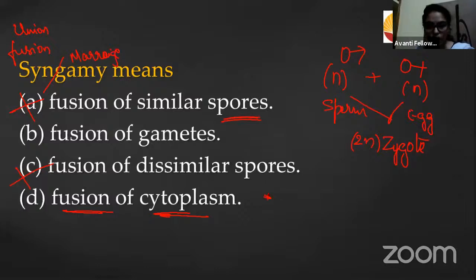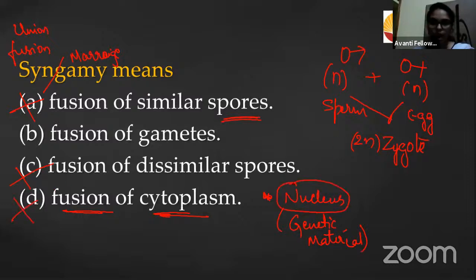Only remember one thing, I'll write here as a note. The nucleus will fuse. Why? Because inside the nucleus there is genetic material. Right, so genetic material has to be exchanged when we're talking about sexual reproduction. So cytoplasm never fuses, only the nucleus will fuse. Okay, so the nucleus of the sperm and the nucleus of the egg will fuse together to form a diploid zygote. So the answer for this question is fusion of gametes.